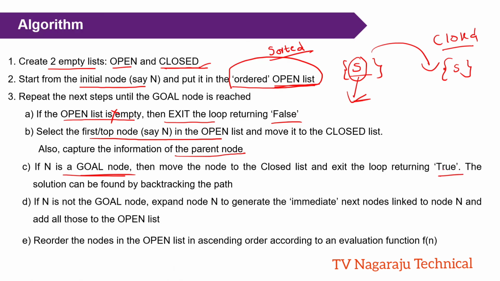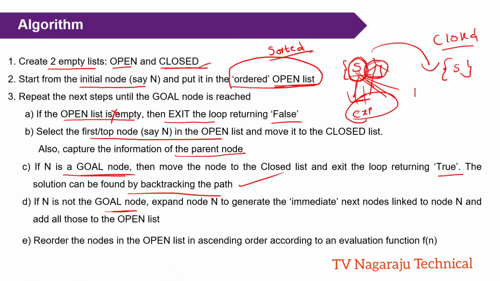Simply we return true and backtrack the path. To get the solution, you move along the back path and the answer is complete. Suppose the selected node is not the goal node, then what you need to do? Simply expand this node. Whatever children are available, all the children nodes are placed in this open list. Again, do the same procedure from the open list.